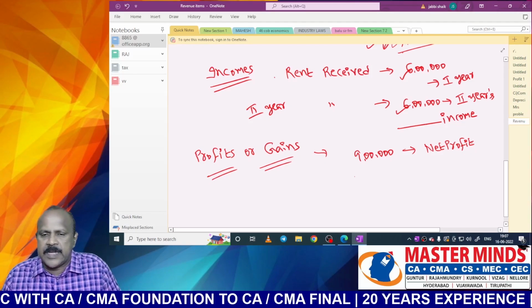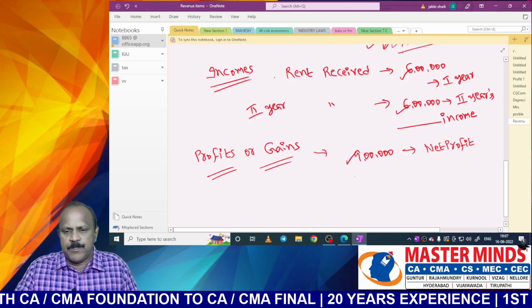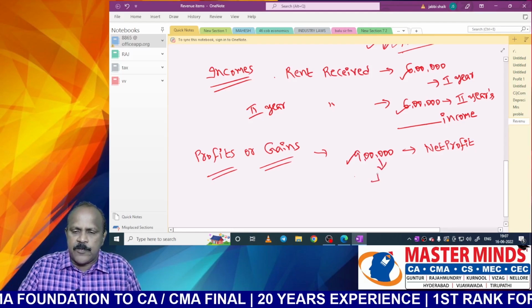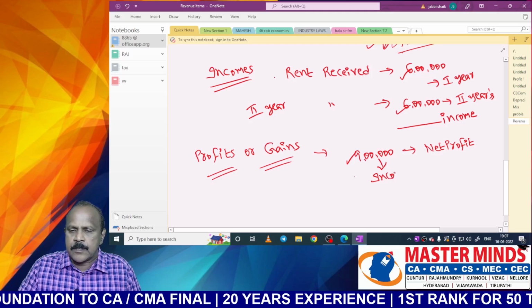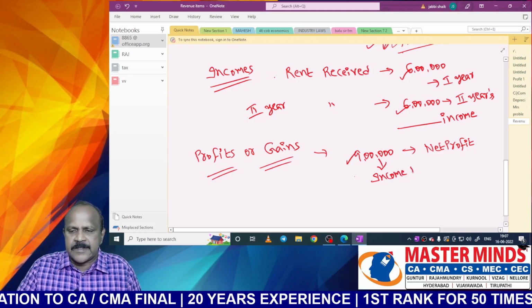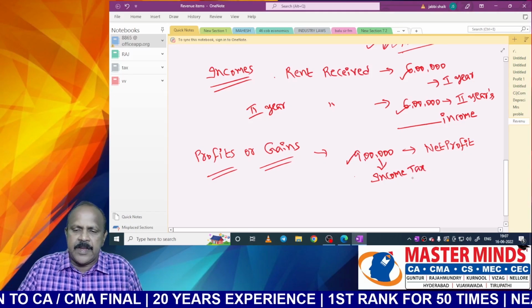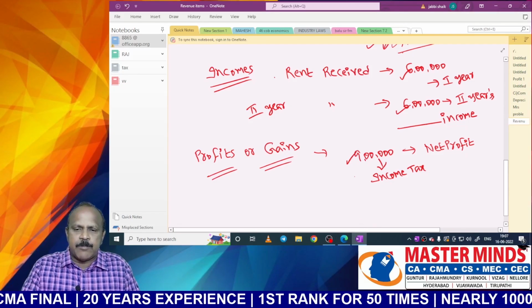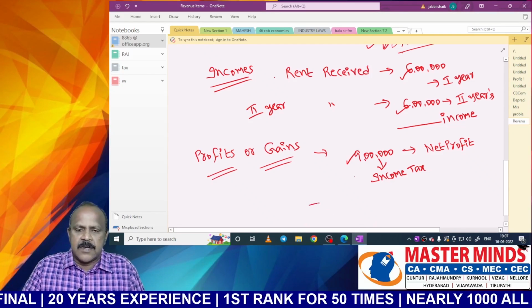Income tax is assessed and paid on this net profit of 9 lakhs. This is the net profit of first year, students.